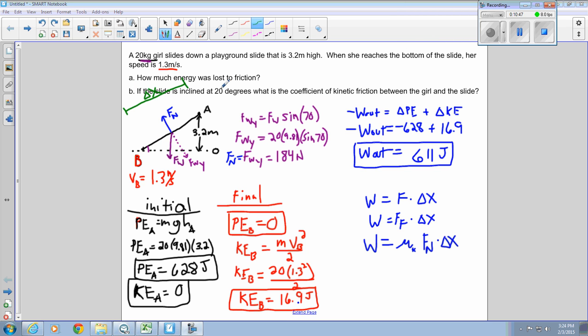The sine of that 20-degree angle is equal to the opposite, 3.2 meters, over the hypotenuse, the displacement.